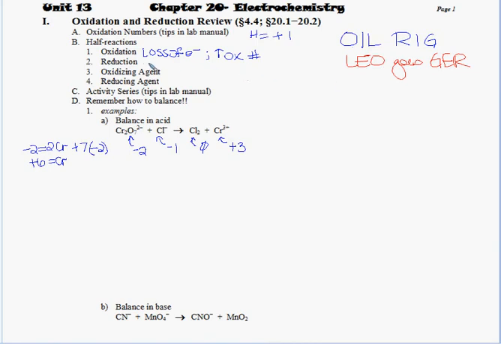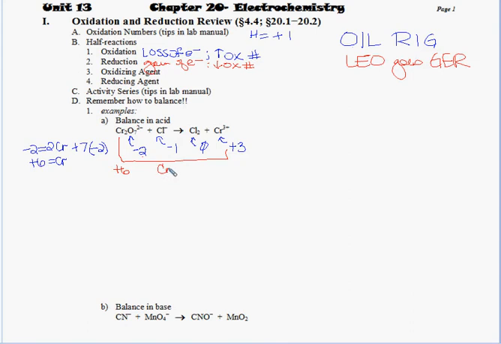Your choice. But we do know that the reduction is going to be a gain of electrons, and since we're gaining negatives, that's going to cause our oxidation number to drop. So as we look down at our example of the dichromate and chloride reaction, we can clearly see that the dichromate is going from a +6 down to a +3.